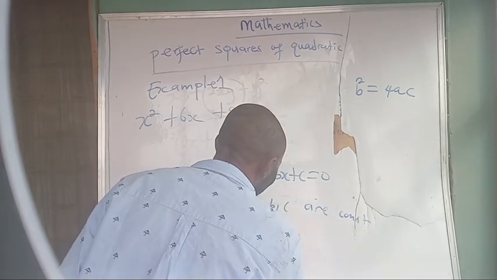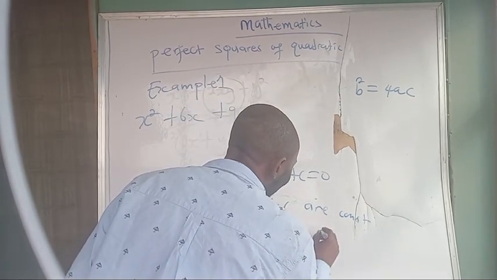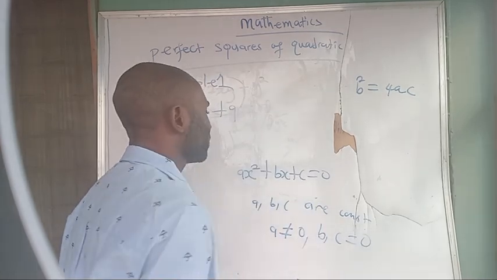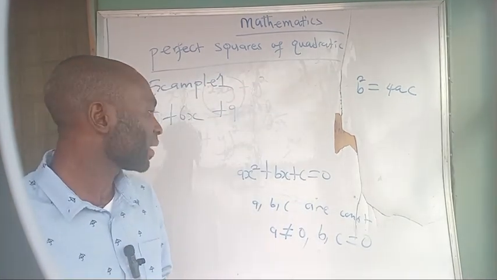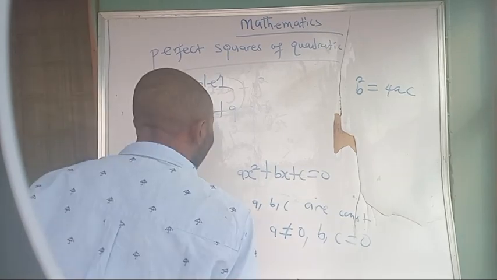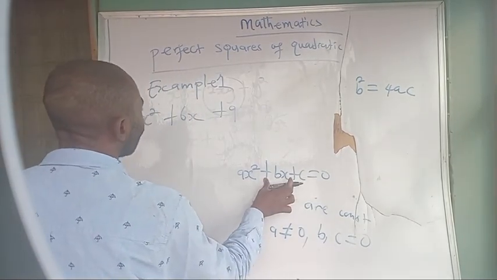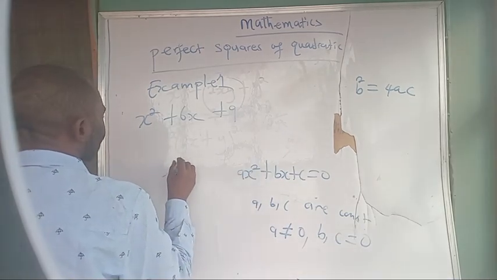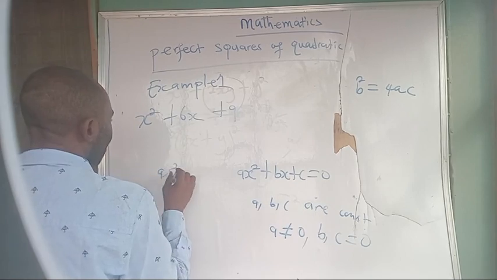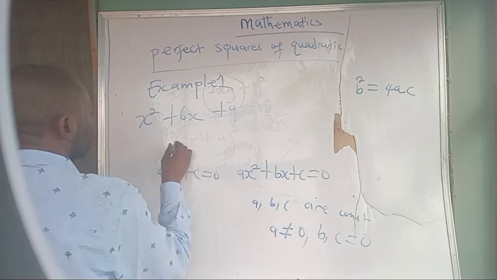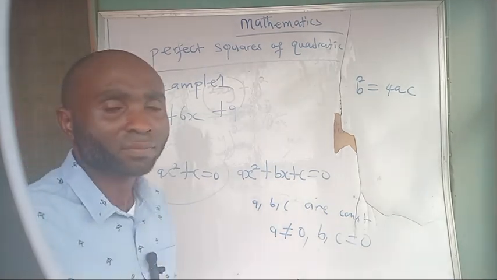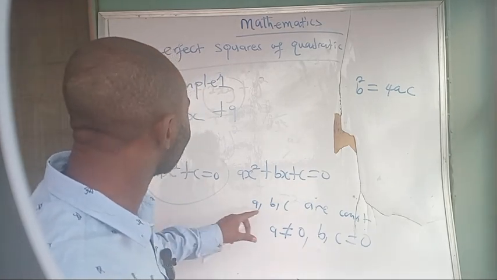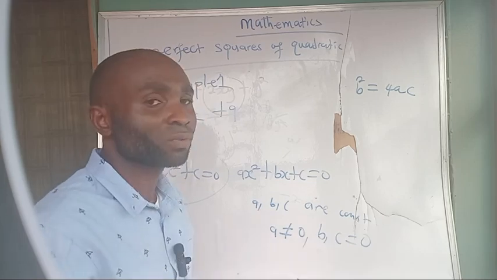That is, a is not equal to 0, but b, c can be equal to 0. For example, if b is equal to 0, we'll be having equations such as ax squared plus c equal to 0. That is the situation where b is set to 0.